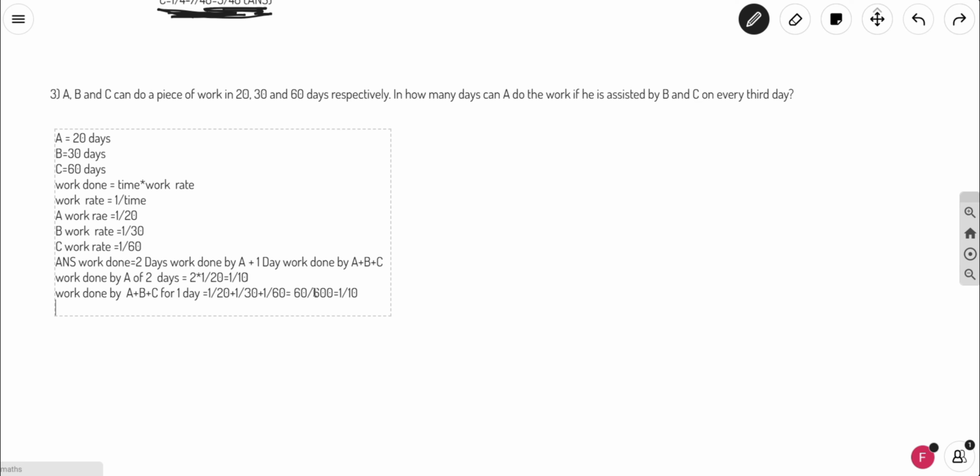So 1 upon 10 plus 1 upon 10 is equal to 2 upon 10, and 2 upon 10 will be 1 upon 5.